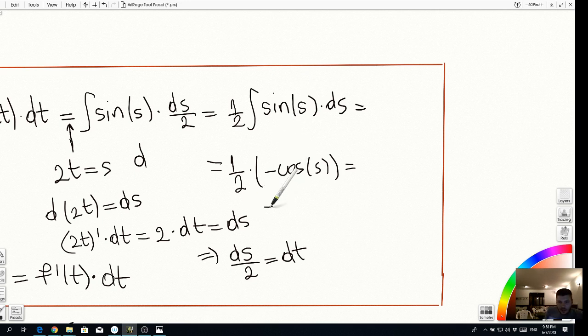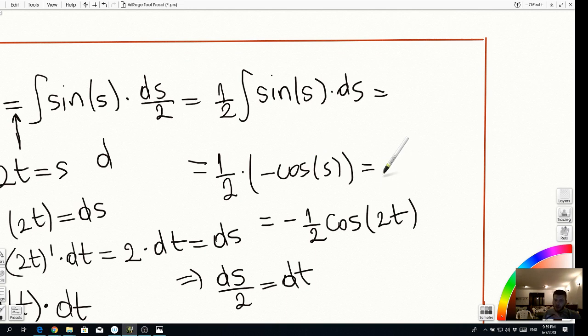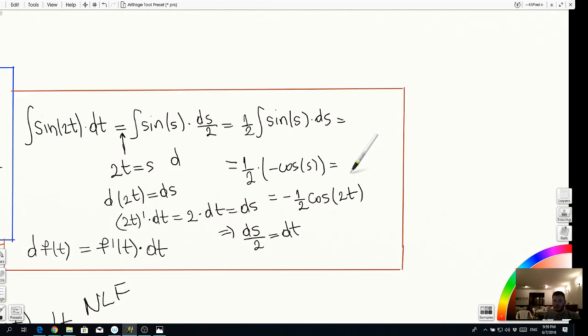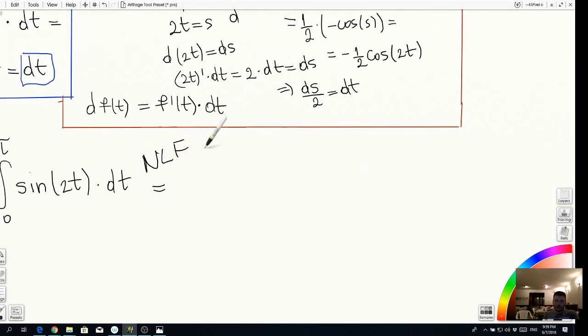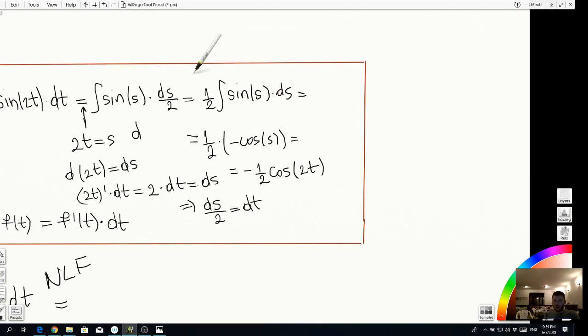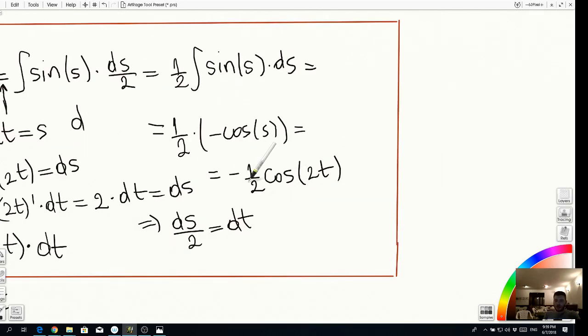Okay, let's just get back our substitution. We have minus 1/2 of cosine 2 times t. I didn't write plus constant c because I don't need that here. I only need one primitive function.